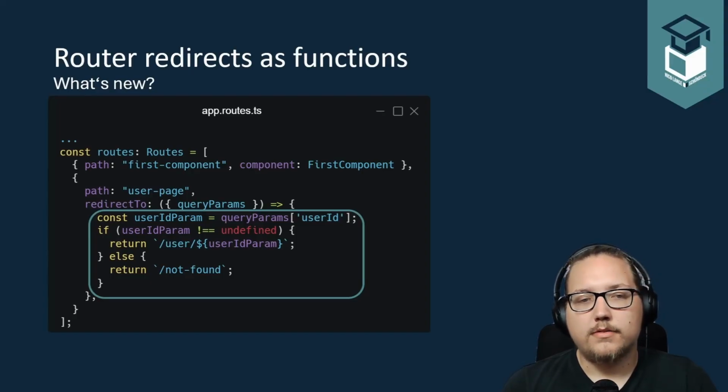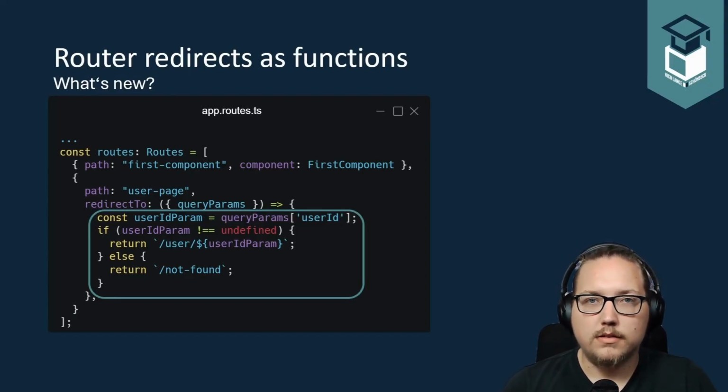In that example, if the query parameters do not contain a user ID, it will forward the user to /not-found. If there is a user ID, it will forward to user/user ID. That's the new functionality that they added to allow logic inside of routes.